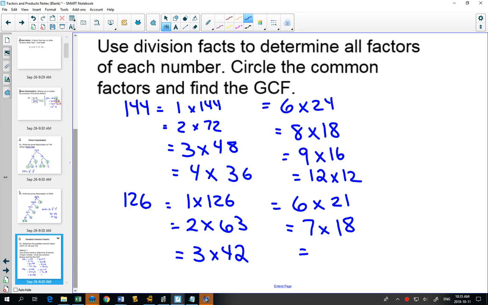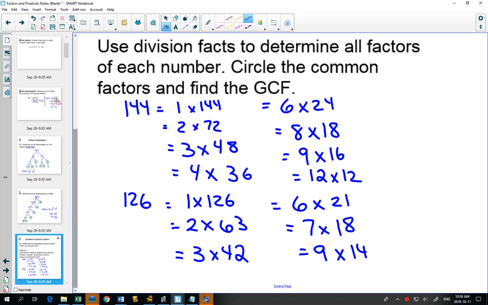Can you divide it by 8? No. 9? Yes. 9 times 14. 10? No. 11? No. 12? No. 13? No. 14's already done because it's here.